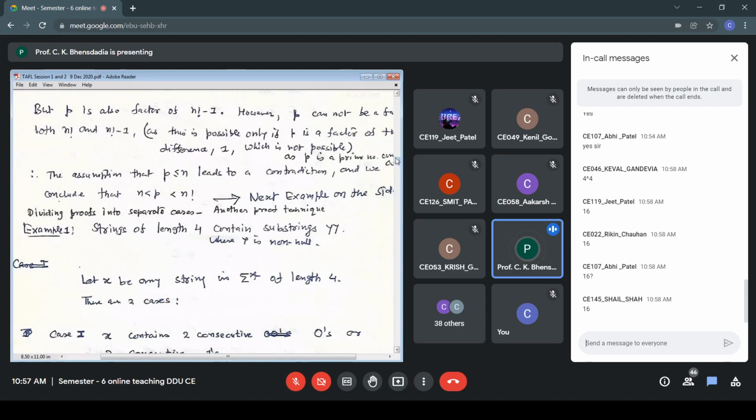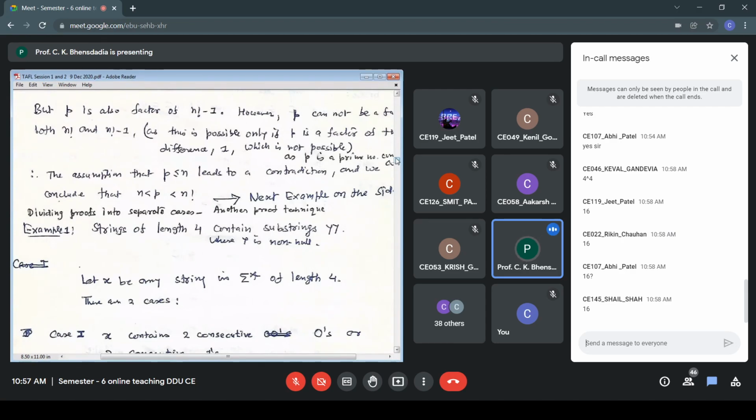From sigma having values small a to z, capital A to Z, then digits 0 to 9 and punctuation marks, I can frame any number of sentences. Some of them would be valid, others won't be. Those valid sentences are elements of the language English, and the remaining are in sigma star but not in the language or set English. So that is the meaning of the notation sigma star.